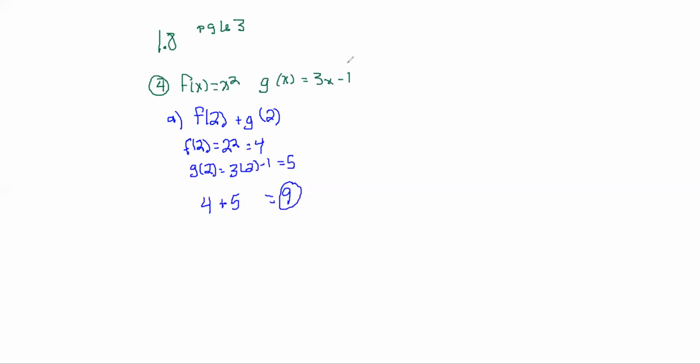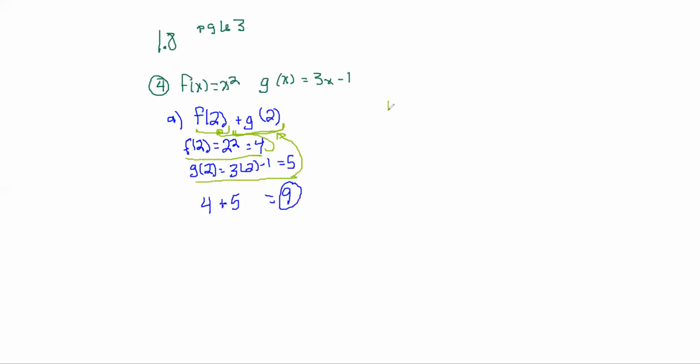Did everybody follow how that happened? Why'd you do the 4 plus 5? Okay. It asked for f of 2 plus g of 2. Oh. Okay. And so my problem, I found f of 2, I found g of 2, and then I put them where they needed to be. Gotcha. That makes sense.